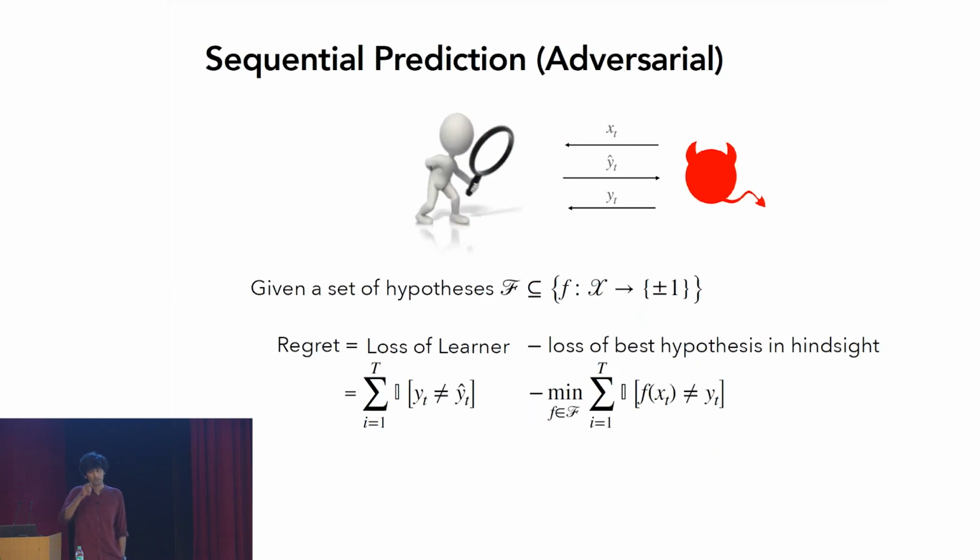Is the setting sort of clear? Both of them are sequential, but the previous one was random, where the data was generated from a distribution. Any other questions?